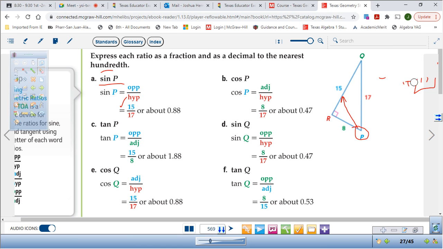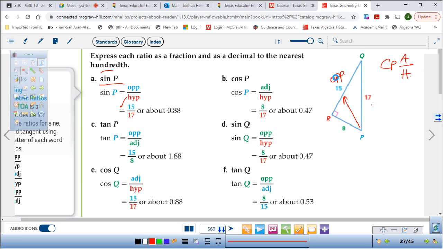Okay, now let's look at the next one. Remember, SOHCAHTOA. Cosine. That's CAH, right? Cosine of P. Where's P? What's the side adjacent? The side next to it. That's opposite, we already figured that.